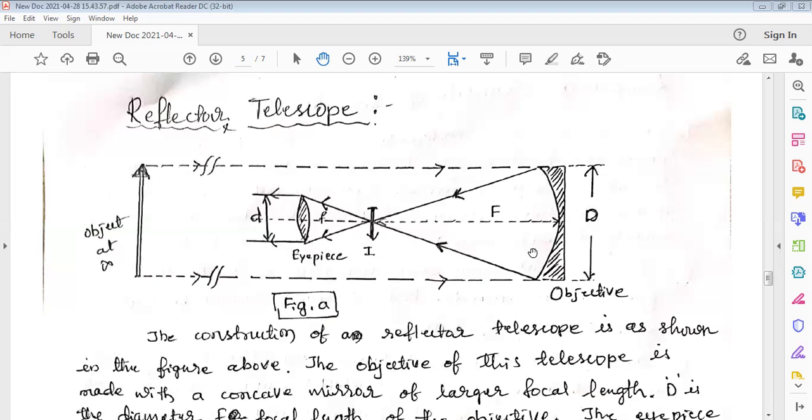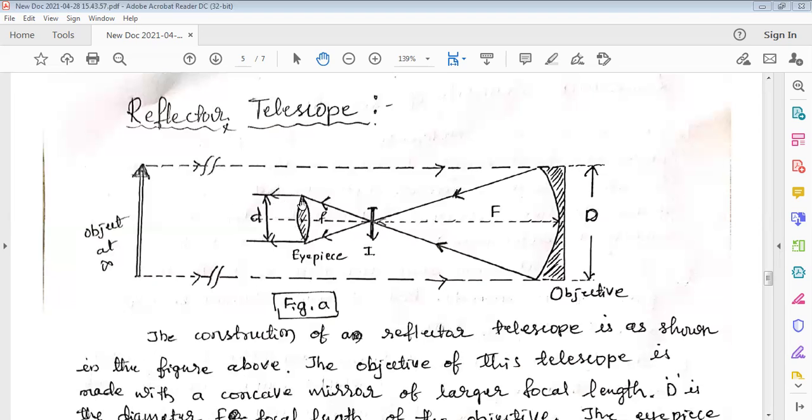They get reflected from the concave mirror and converge here at point I. All the rays converge at the point I, where an image is formed. So this capital F is the focal length of this concave mirror, and this capital D is the diameter of the objective, which is the concave mirror.